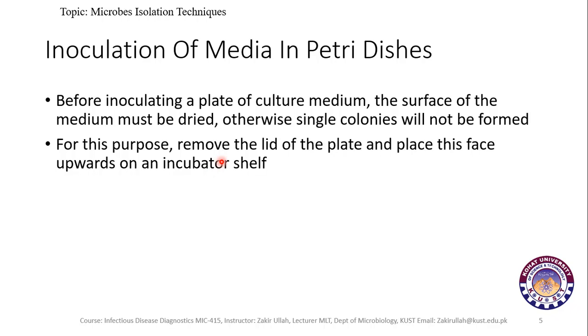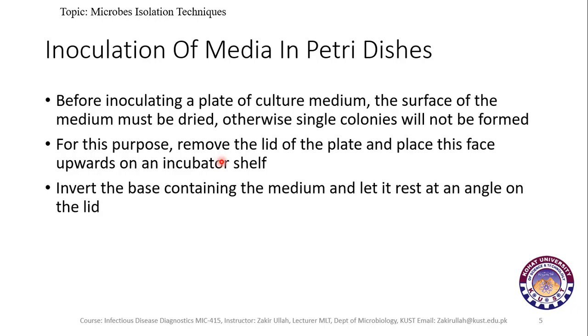first remove the lid of the culture plate, the petri plate, and then place this petri plate face upward on an incubator shelf, with the lid slightly removed. Invert the base containing the medium and let it rest at an angle on the lid.